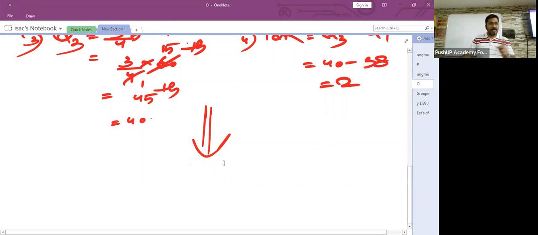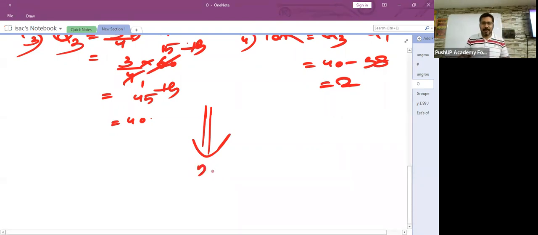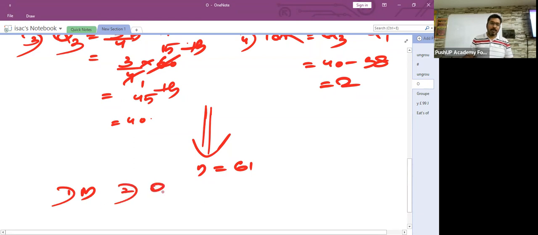Now see, I'm going to ask you something. What if the value of n was, instead of 60, it was 61? And I'm asking you to find the median value and then the lower quartile and then the upper quartile.